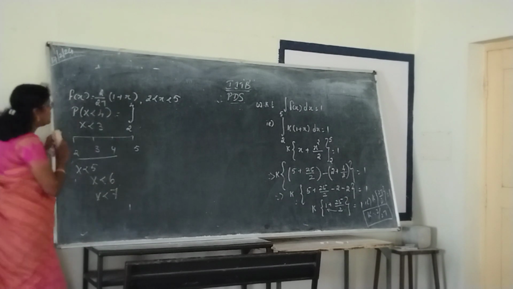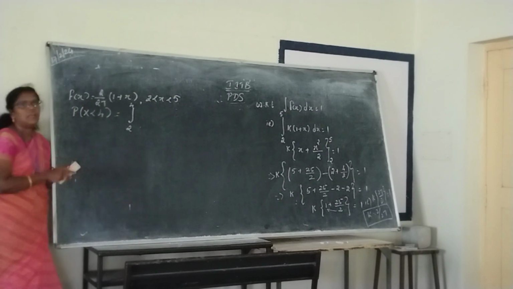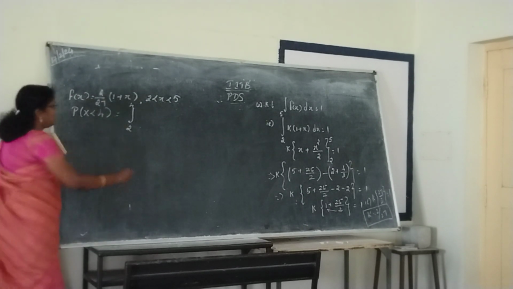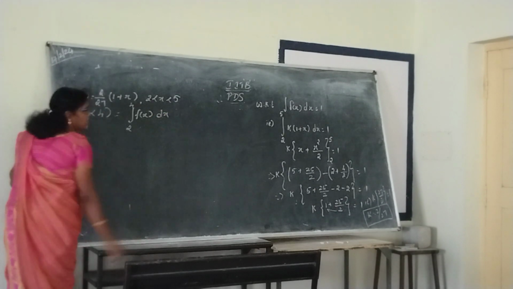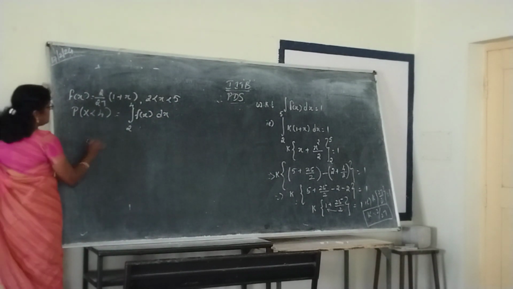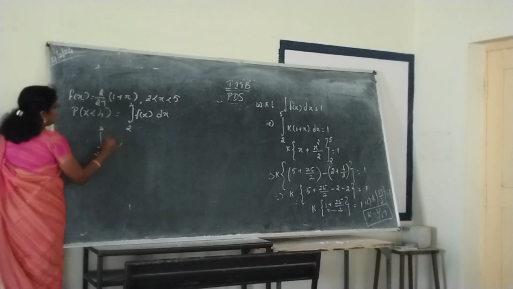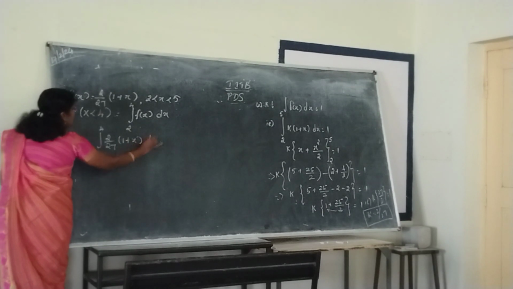So right, probability of x less than 4 equals integral 2 to 4 f of x dx. So right, integral 2 to 4 of 2 by 27 into (1 plus x) dx.